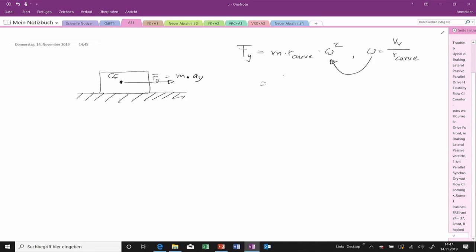So then we get the expression m times r curve times velocity of the vehicle squared divided by curve radius squared, and this is m times v squared over r curve.